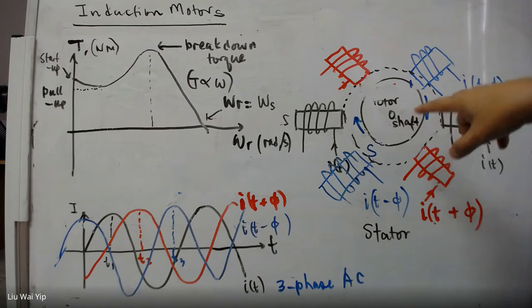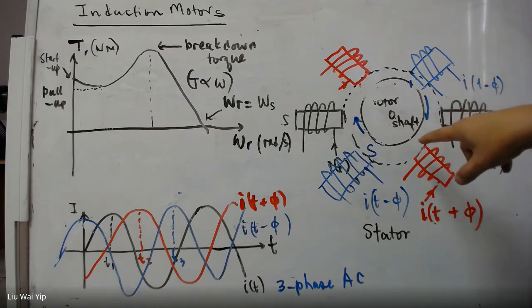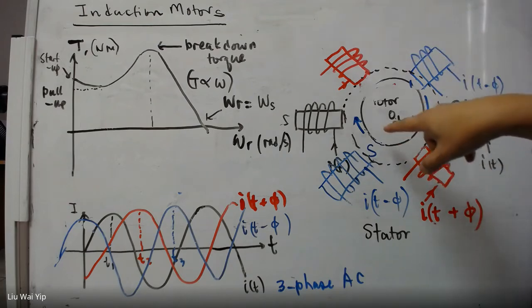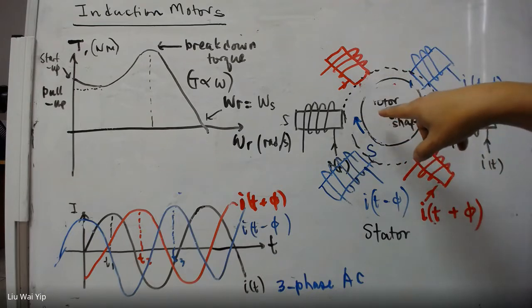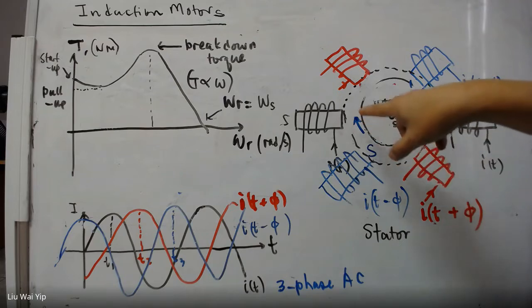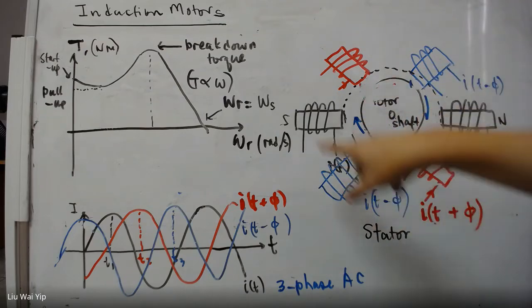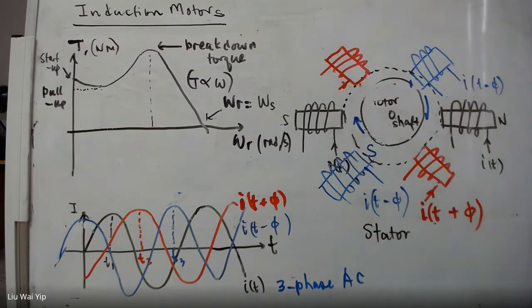And this magnetic field will eventually drive the rotor to rotate as well. The rotor will rotate in the same direction as the rotating magnetic field, but at a much reduced velocity.